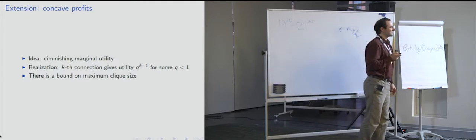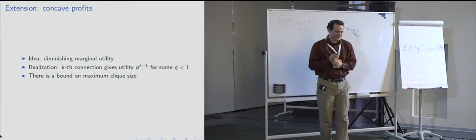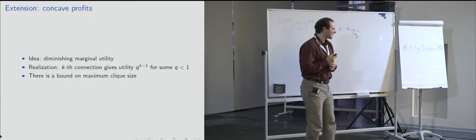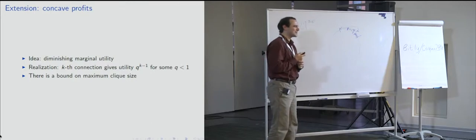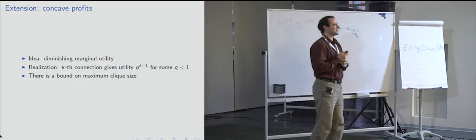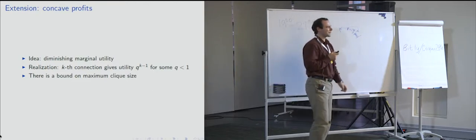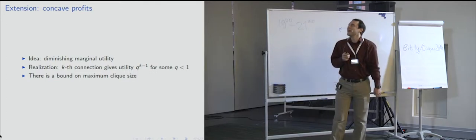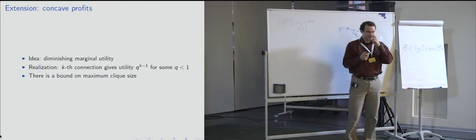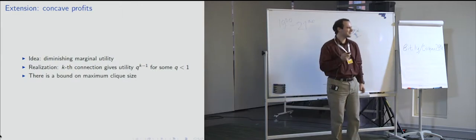So if you have 1,000 direct connections, then every extra connection brings you less utility than if you have 10 connections. In this model we obtained a bound on the maximum clique size.